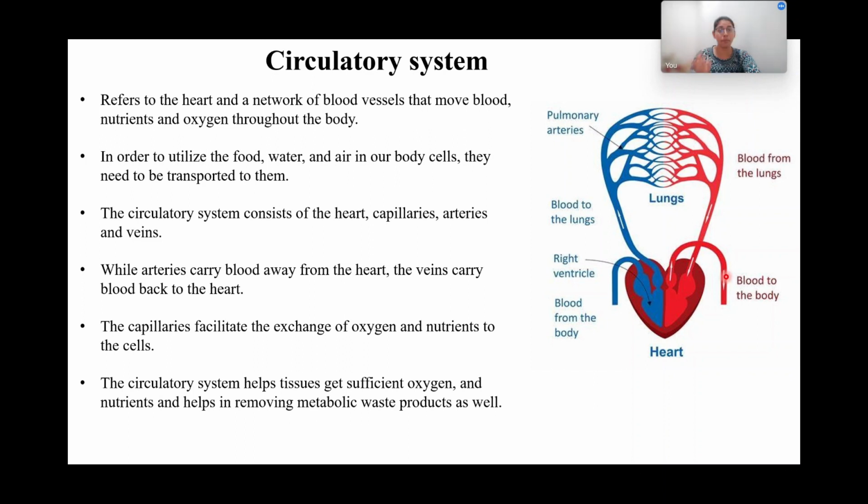The main purpose of arteries is to carry the blood from the heart to the body, while for the veins, it is from the heart to the lungs. So that's the main route. They also bring blood from the body to the heart. So one is bringing the blood to the heart and one is taking the blood away from the heart. So that's the main difference between the arteries and the veins.